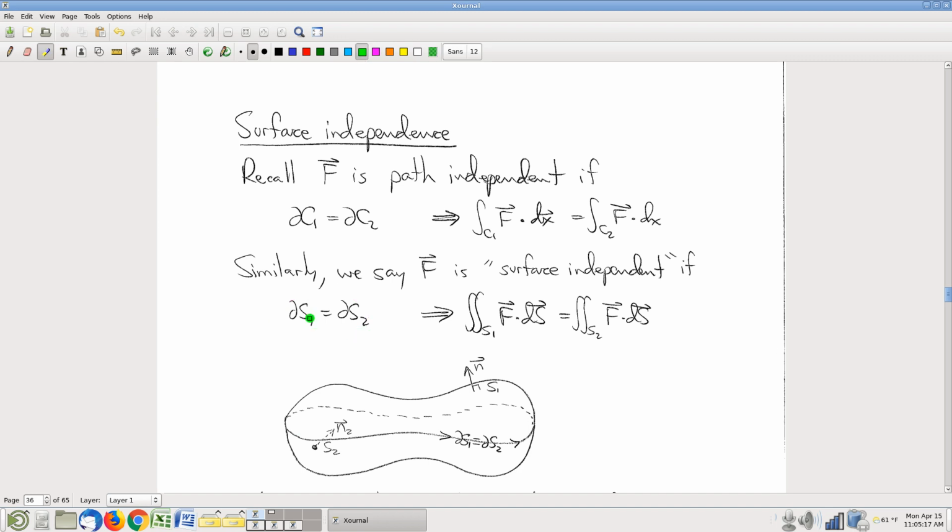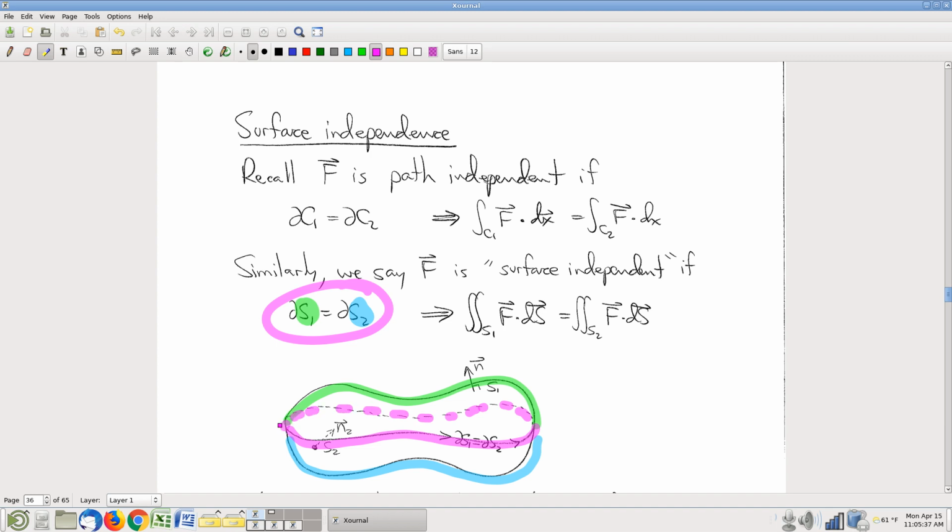Suppose my first surface, like this. Second surface, like this. Now, again, very careful. Not just any two random surfaces. They have to have the same boundary. Like so. So surface independence says, again, this is a remarkable feature.